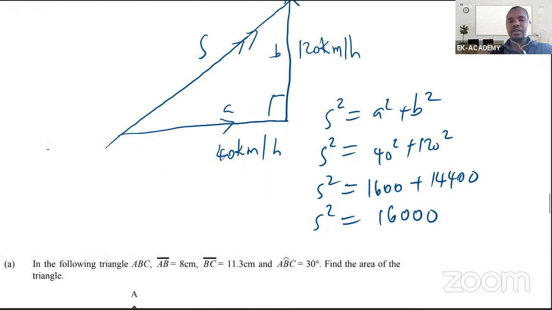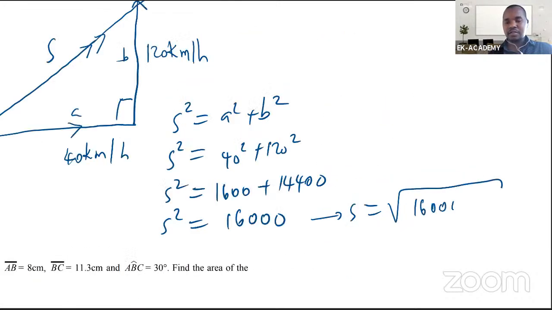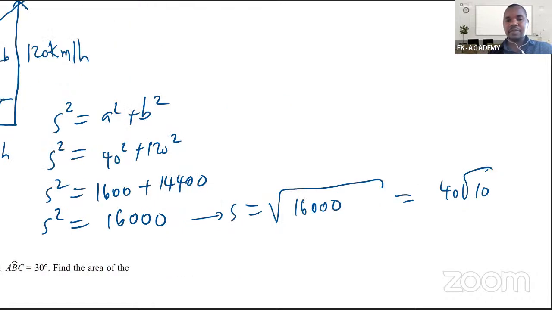And now we have to find the square root of 16,000. This is equal to 40 times the square root of 10.